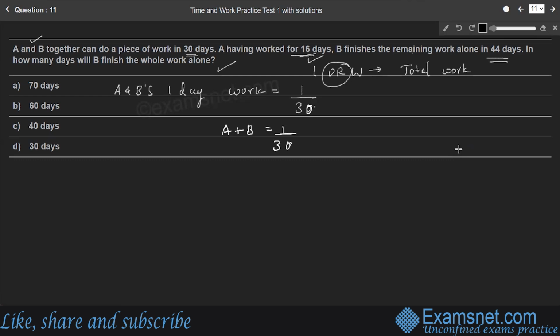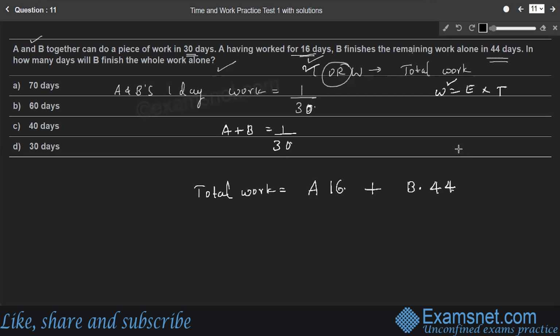It is given that A having worked for 16 days. If you consider 1 as the total work, it is equal to work done by A for 16 days plus work done by B. Since work is equal to efficiency into time, work done by A is efficiency of A into number of days, 16 days, plus B's efficiency into number of days he worked, which is 44 days. 16A plus 44B becomes total work.